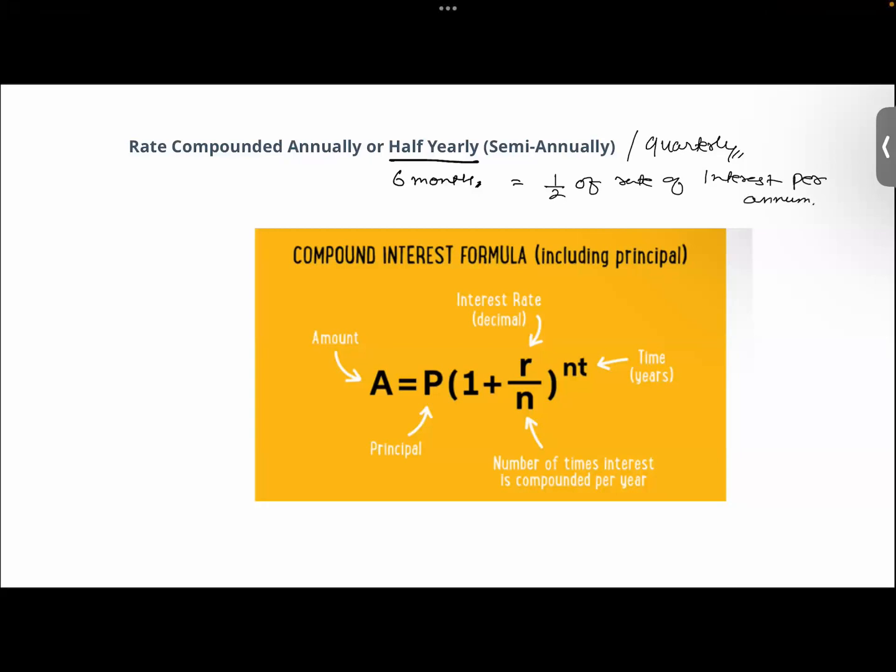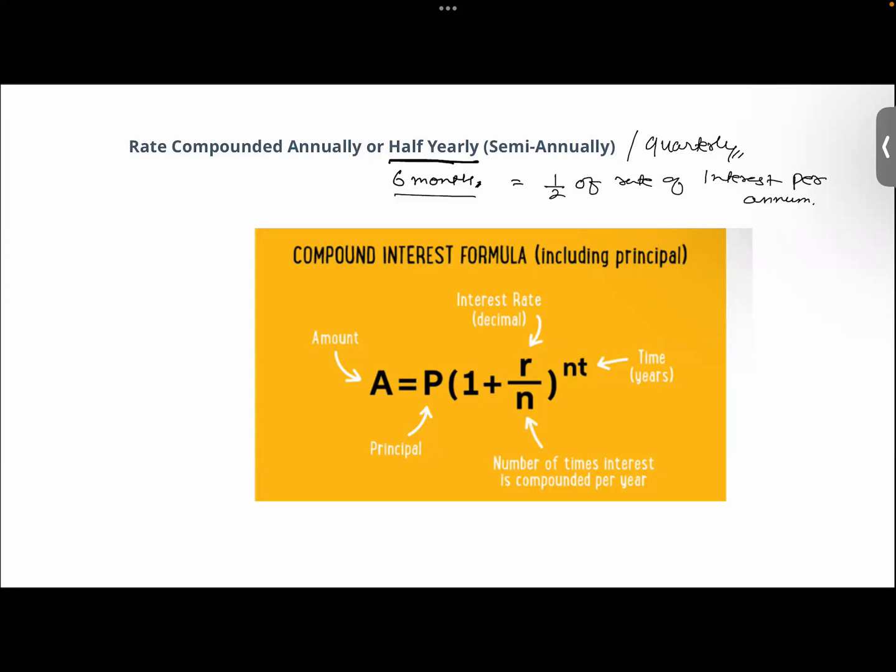If the interest is compounded half yearly, we know that there are going to be two conversion periods in a year, 6 months and 6 months.